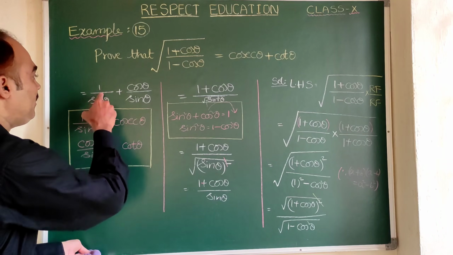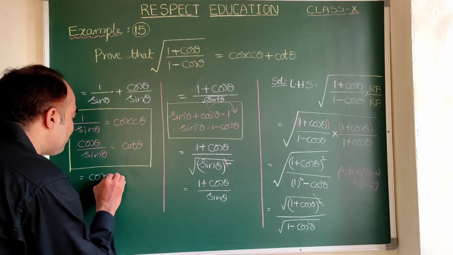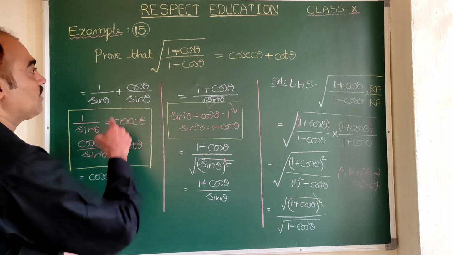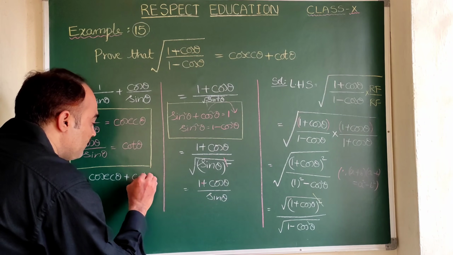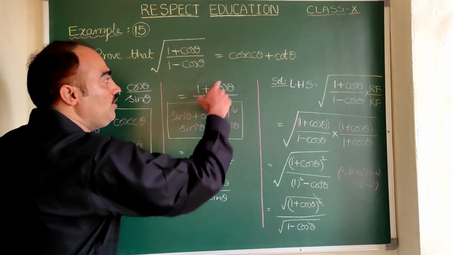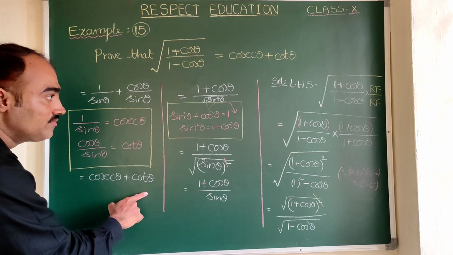Now tell me, 1 by sin theta becomes cosecant theta, plus cos theta by sin theta becomes cot theta. Observe here what is to be proved: cosecant theta plus cot theta. Here what we got? Cosecant theta plus cot theta.